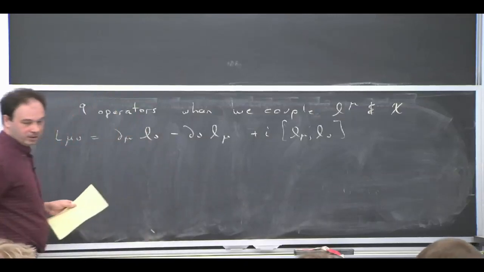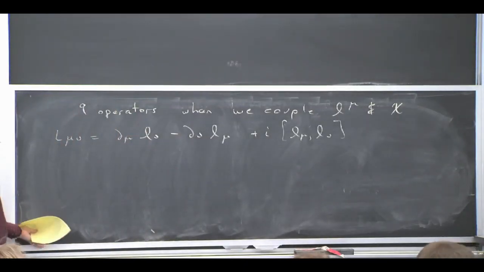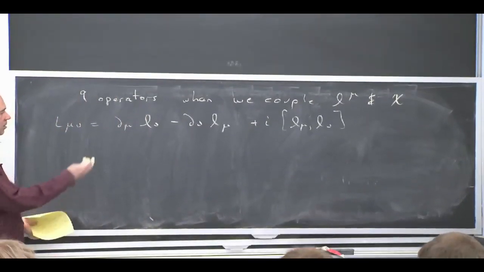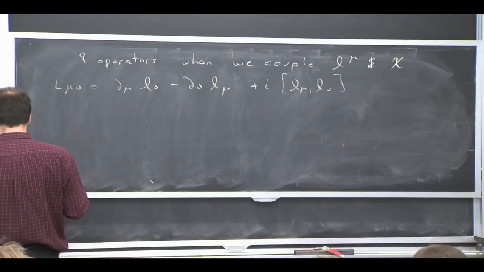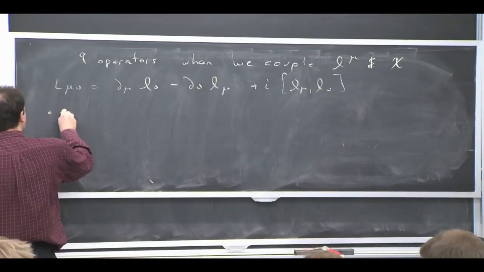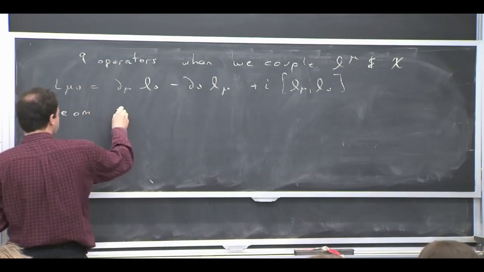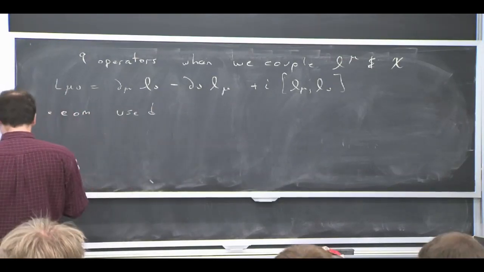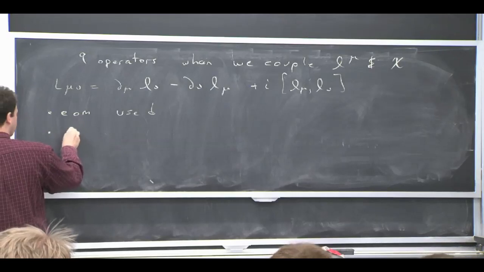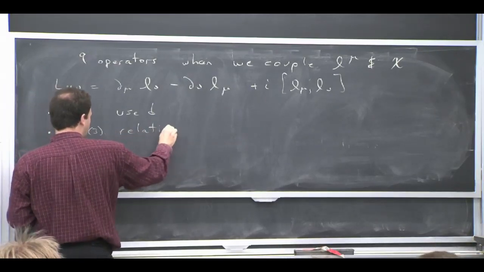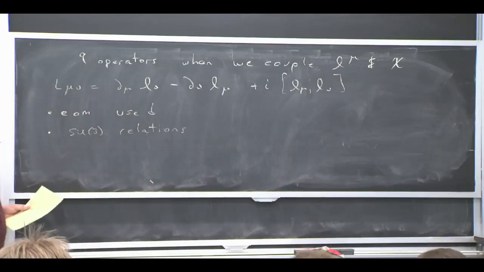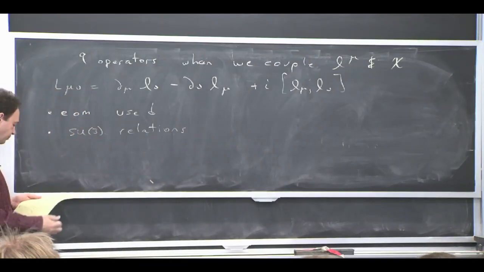So if L mu is something that has SU3 indices, has an SU3 matrix hiding inside it, then there's a commutator term as well. And then it's just this combination. I also used the equation of motion. And I didn't talk about it, but I used the equation of motion, and I used SU3 relations. Much as I talked about for SU2, there's some SU3 relations that survive, and I got rid of some operators doing that.